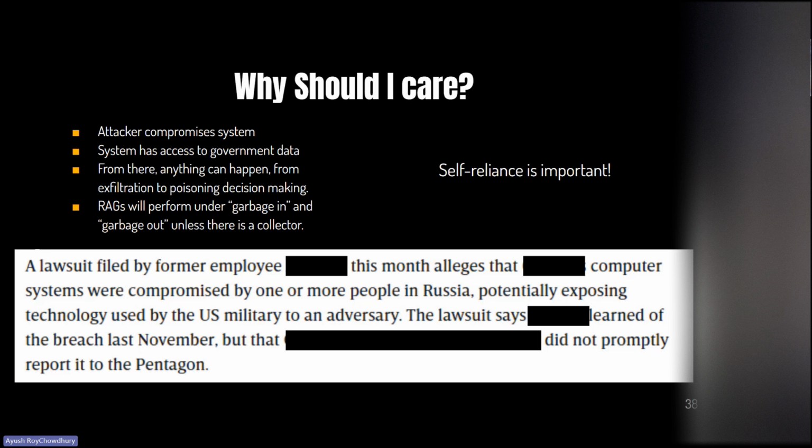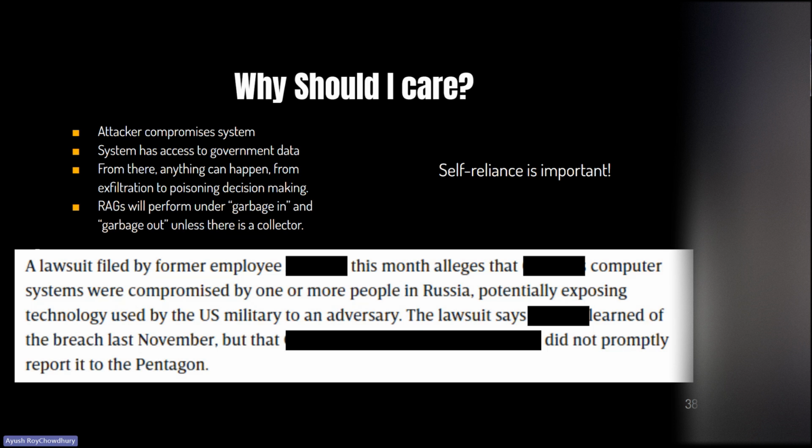Now, this wouldn't be a problem of the US government if the US government wasn't using that service in the Pentagon. And once that system was compromised by Russia, the employee alleged in the lawsuit that the company's CEO and other executives did not report it to the Pentagon.